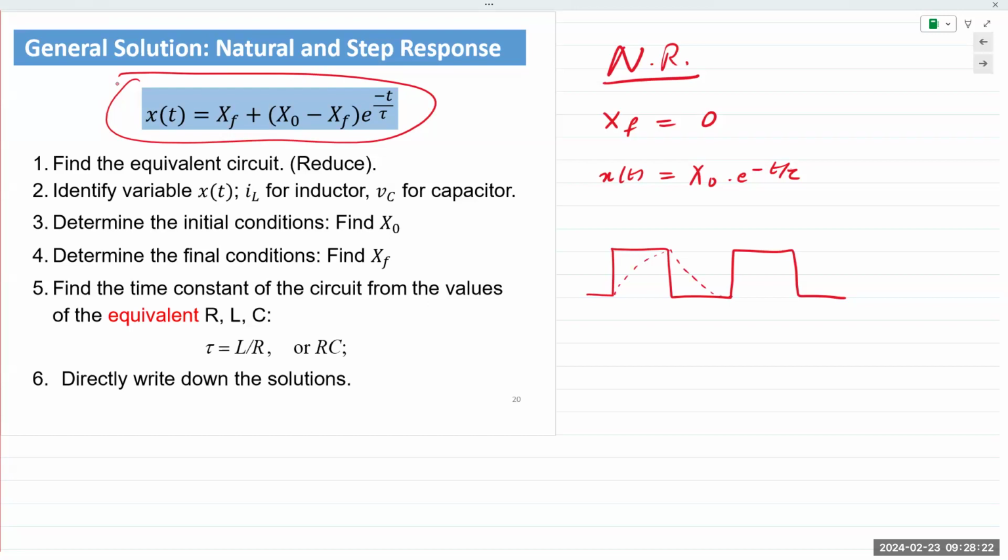But if the frequency is increased, meaning the input is switching at a faster rate, then the capacitor does not have time to reach full charge. It does not have time to reach zero. So in that case, our initial and final values are something different. They are not zero, so you have to take those values into account. Does that make sense?